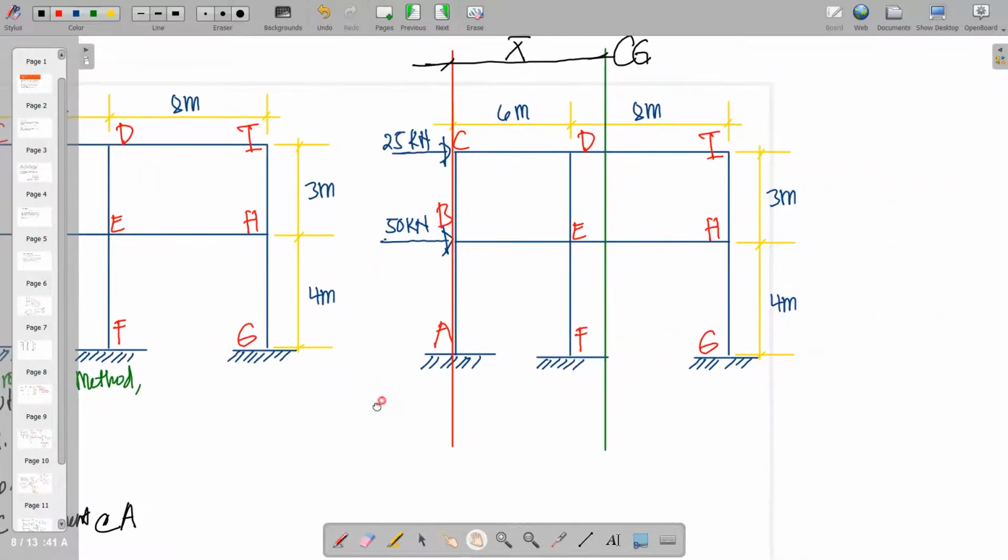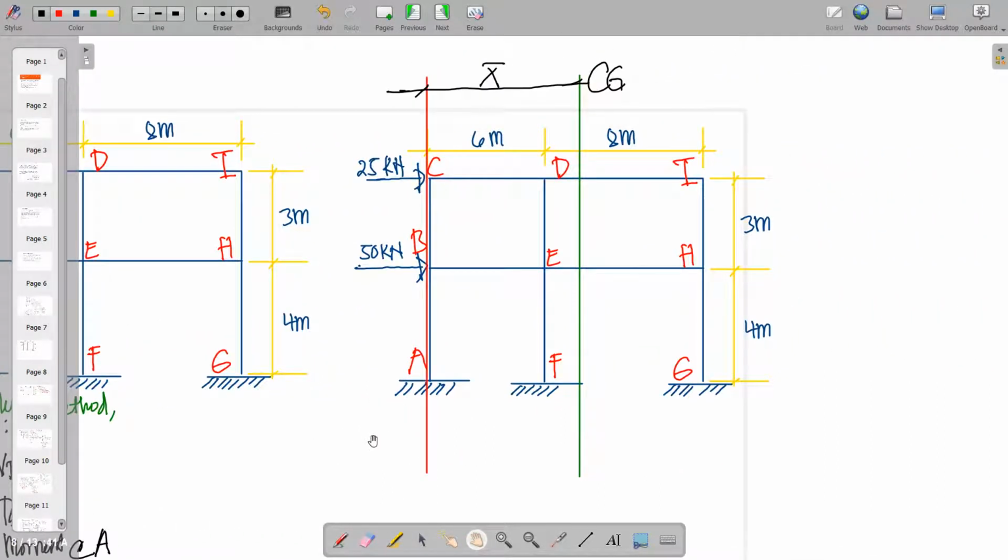We have to take note, as we mentioned in the previous lecture, that we're going to involve here the size or the section of the column. When we say size or dimension, we refer to I. What is I? Centroidal moment of inertia. Each of the columns will have a moment of inertia in terms of the area, and from that we're going to have a transfer distance from the location of the center of gravity.